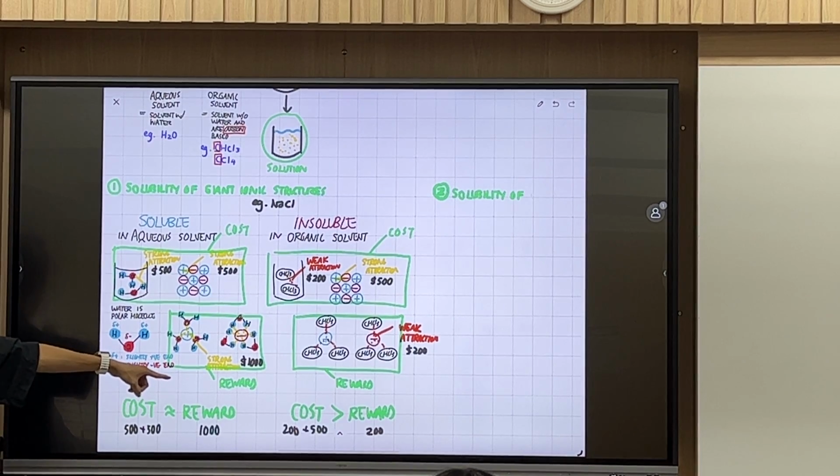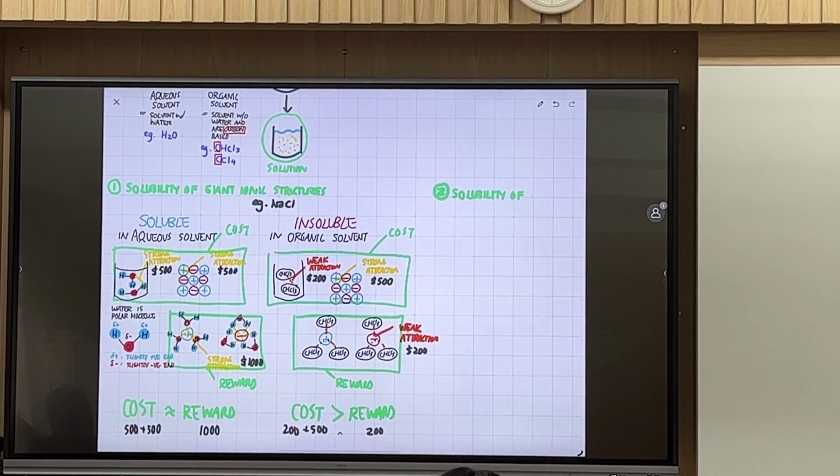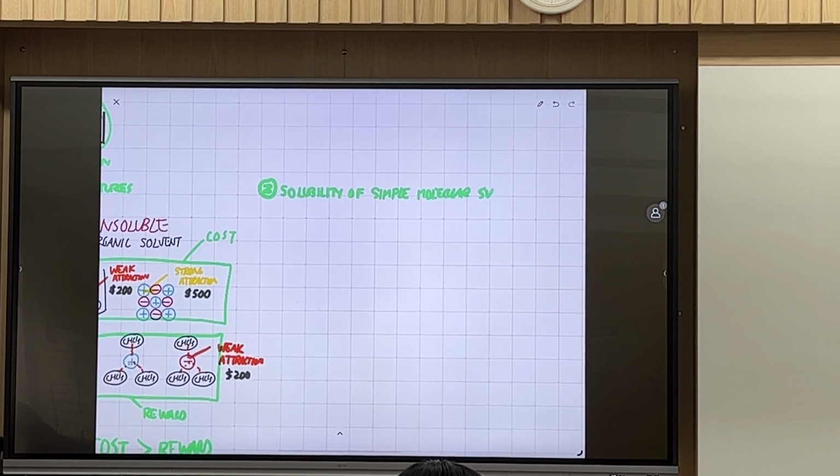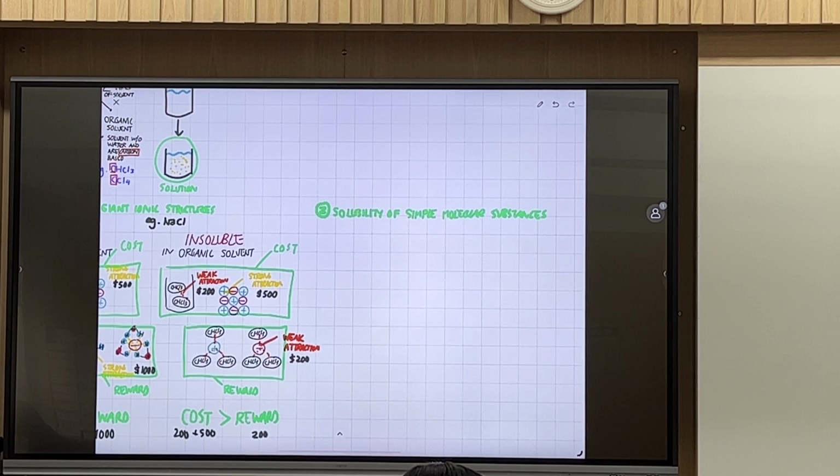Okay? No? Okay, so we have solubility of simple molecular substance. So simple molecular substances. Can anyone give me an example of a simple molecular substance?